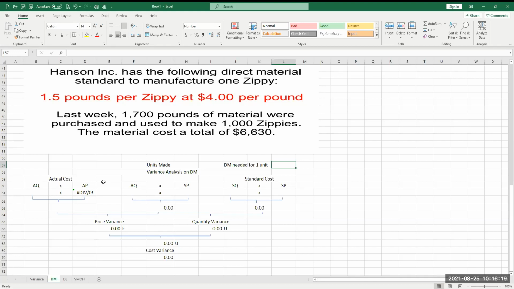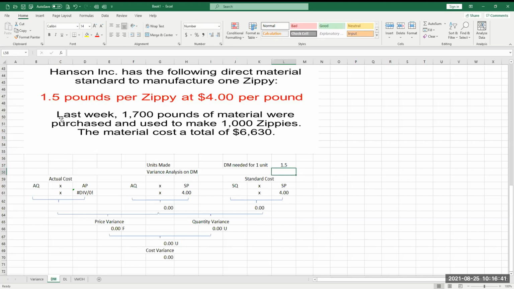Yes. Let's go. Standard price $4. Right away. Done. First one is done. What else can we get? Do I know the direct material needed to produce one unit? Yes, 1.5. And we leave it here.